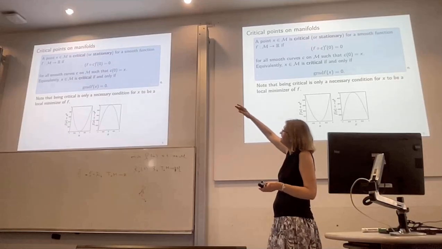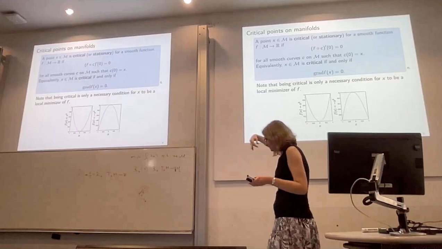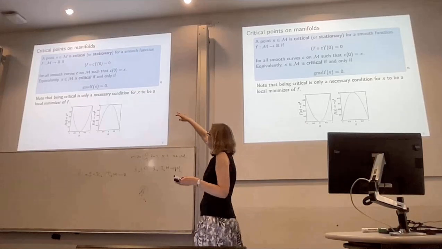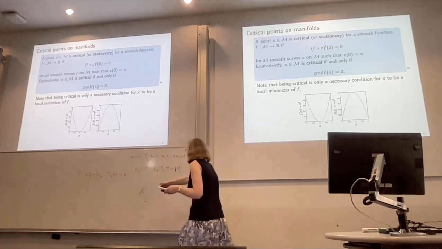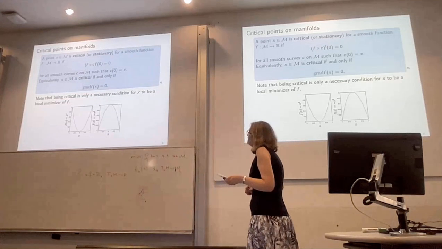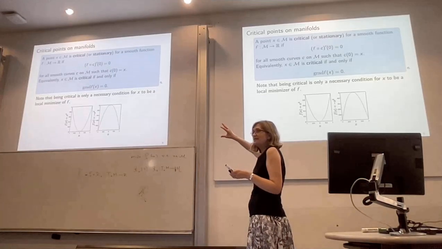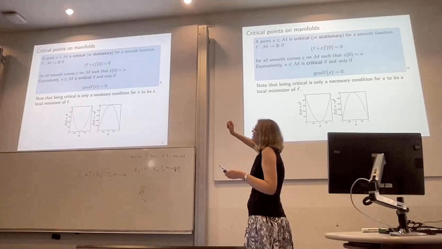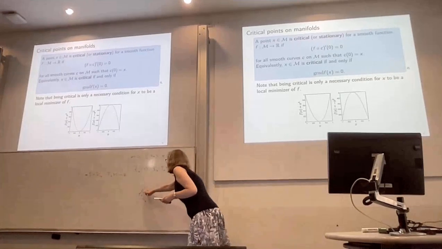You can define it more typical of manifolds as composing f with any smooth curve on the manifold. If you compose f with that, the derivative of that univariate function is 0 at the base point, at my base point x.